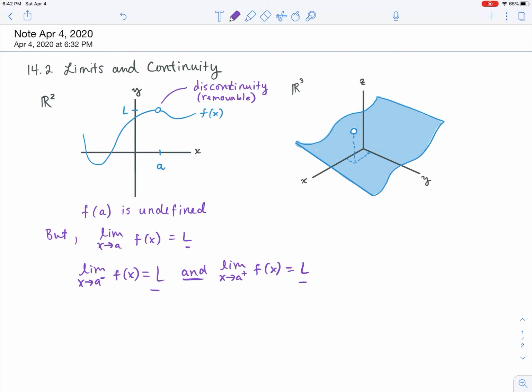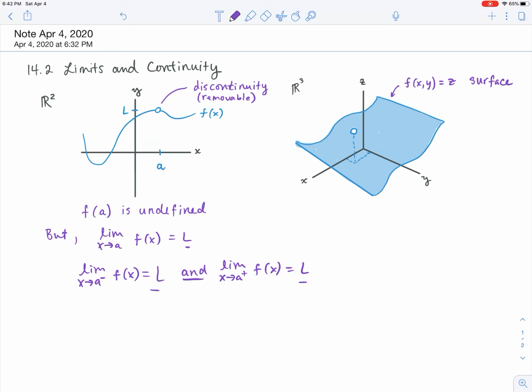So things get a little bit more complicated in R3 when our functions are of the form f of x, y, and they are surfaces instead of curves.